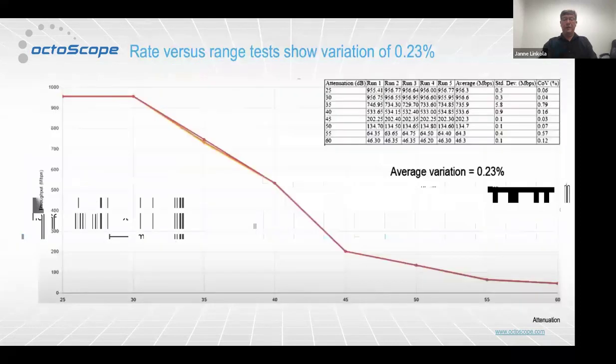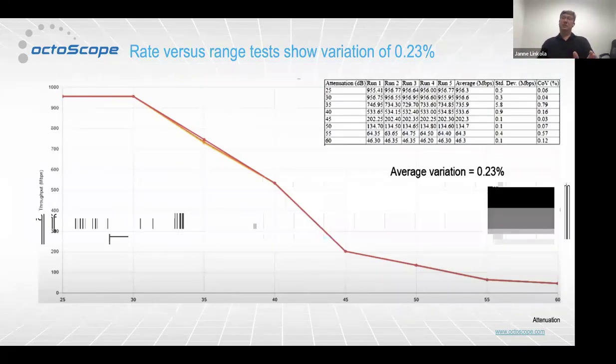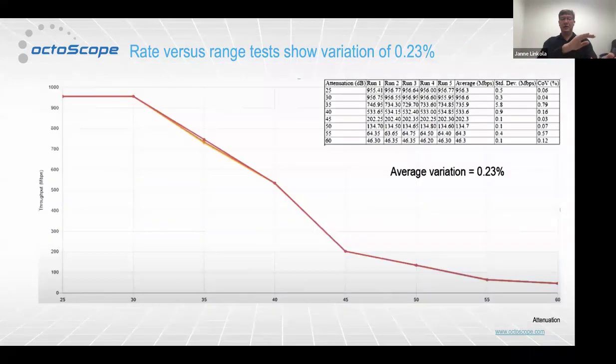Now, here's a second data set also done in a test bed. This is a slightly different test procedure. This is what people in the industry call a rate versus range test. Essentially, in this test setup, there is an access point and a station, and a single throughput measurement is going on throughout the test.